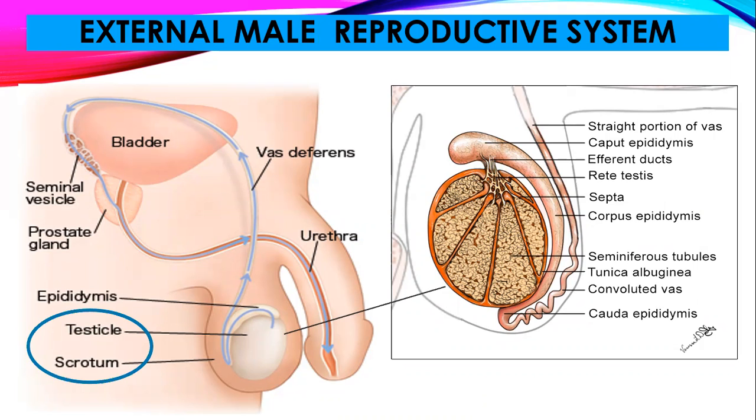For normal sperm development, the testes must be at a temperature slightly cooler than body temperature, usually around 2 to 3 degrees Celsius lower. Special muscles in the wall of the scrotum allow it to contract and relax, moving the testicles closer to the body for warmth or farther away from the body to cool the temperature.